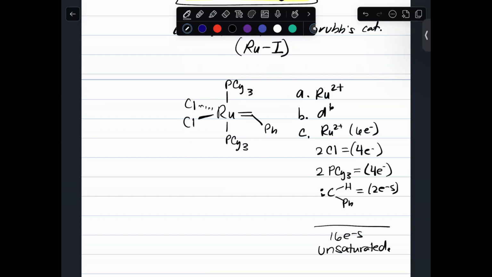So please go back to your homework set. The only thing I think, if I remember correctly, that's different are the substituents on the phosphine. In this case, the substituents are Cy. You've seen Cy before. We talked about how these are cyclohexyl groups.